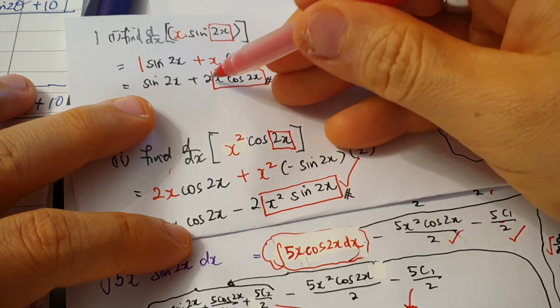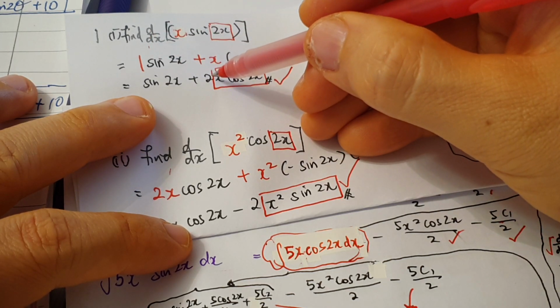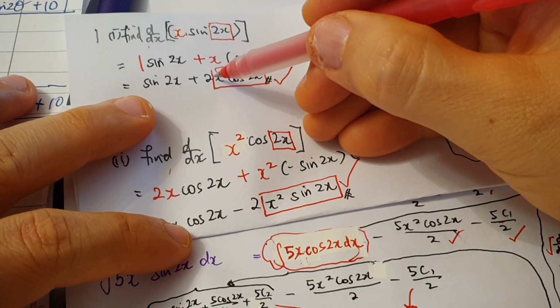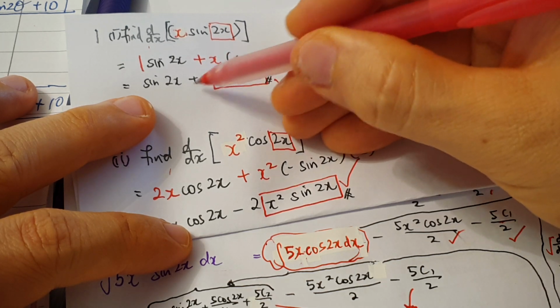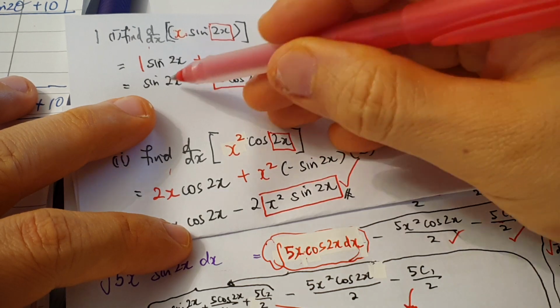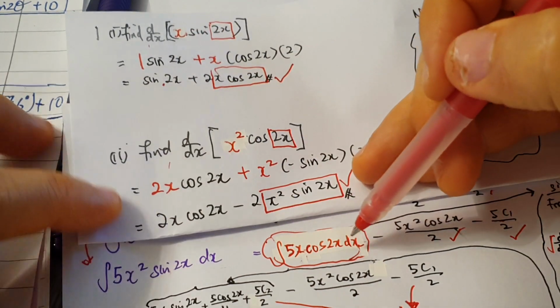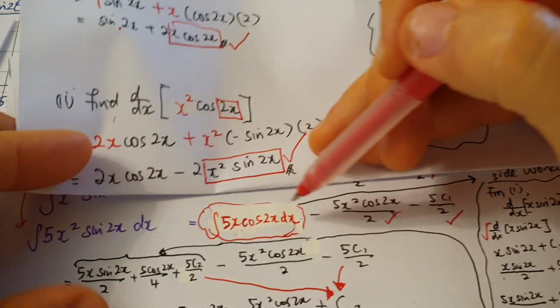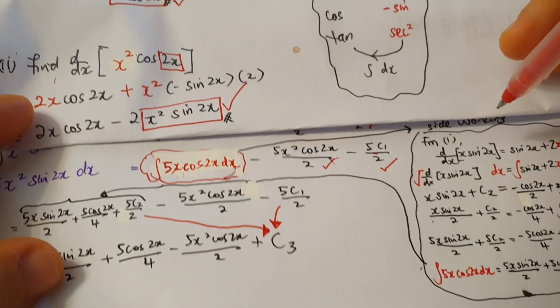The constant we can easily change. Now the constant here, from here is a 2, right? We can easily change it to a 5 by multiplying 5 over 2 to this, and this. Okay, but we'll do that later. So I'm going to do a side working. The side working is over here. You can see it here.